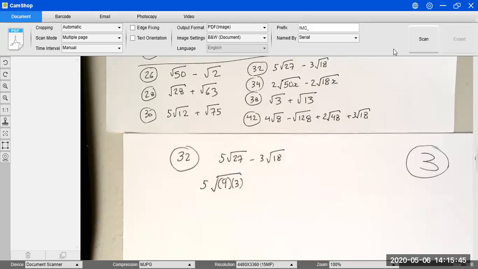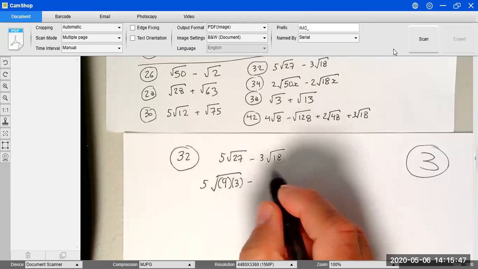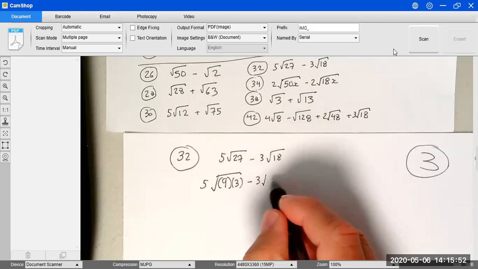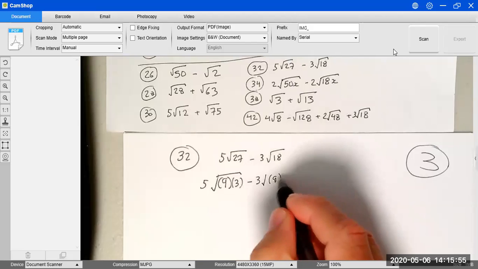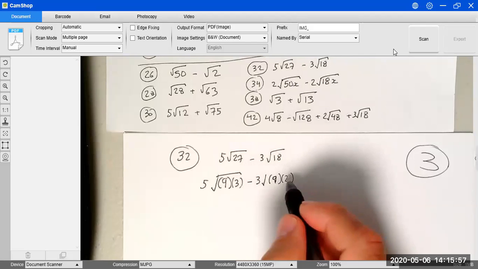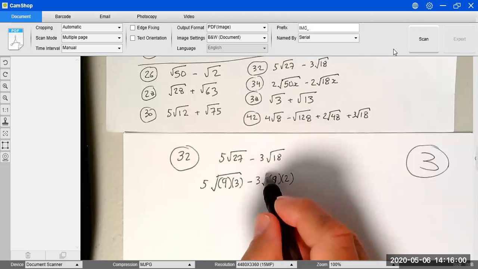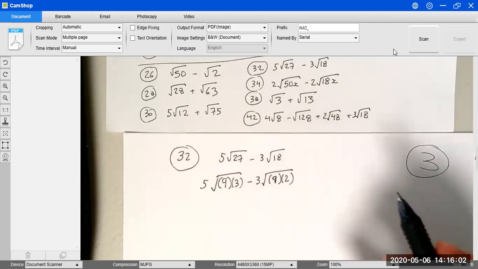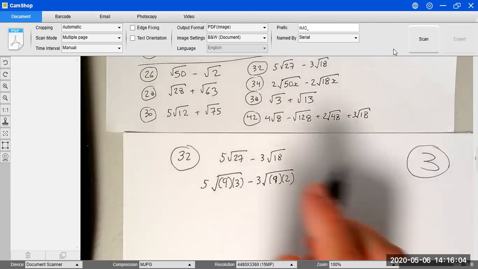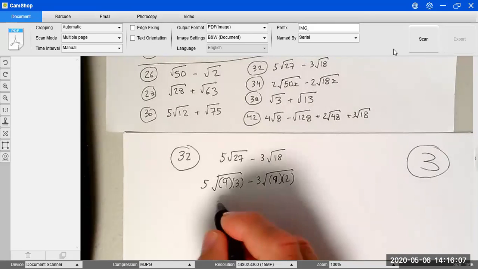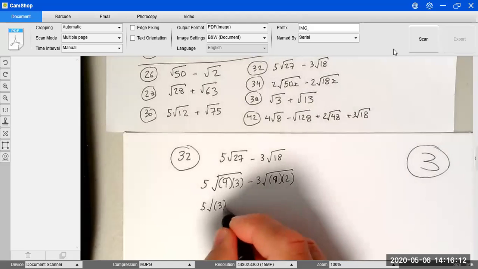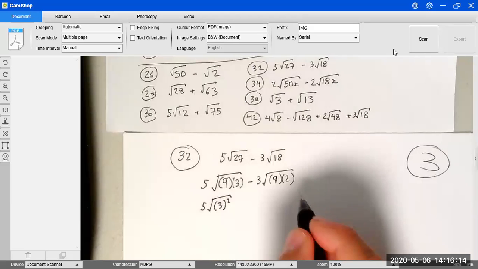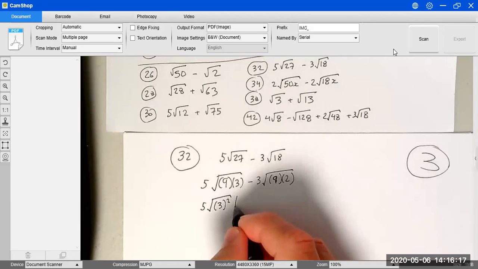So I have my coefficient here. Now, what about 18? 18 can also be written as 9 times 2, because 9 is a perfect square. 2 is not, but as long as you have one perfect square, we are fine. Now we're going to write the perfect squares in exponential form. So we write 3 squared under its own radical, and another radical for the non-perfect square, which is just 3.